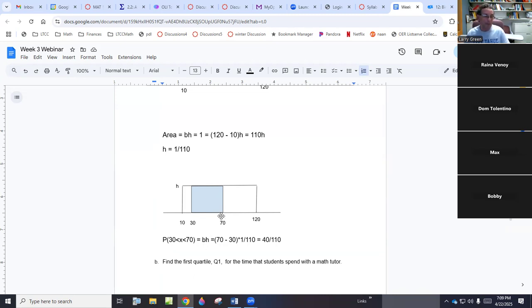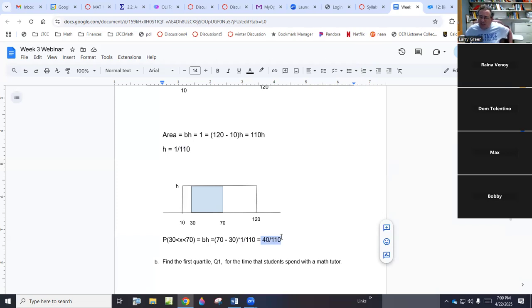The base now will be 70 minus 30. It's the high minus the low. The height we already found was 1 over 110. And when you multiply those out, you get 40 over 110. Any questions at all on this example?